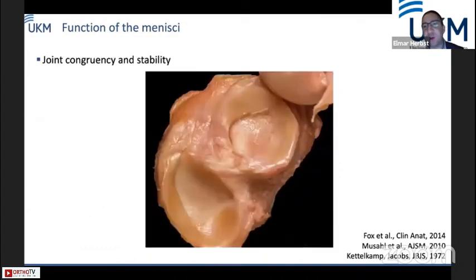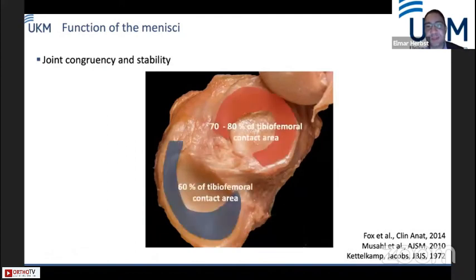And as we all know, the knee is not really congruent, and the menisci fill this incongruency, as you can see here, and they extend the tibiofemoral contact area, therefore decreasing the transmitted load.